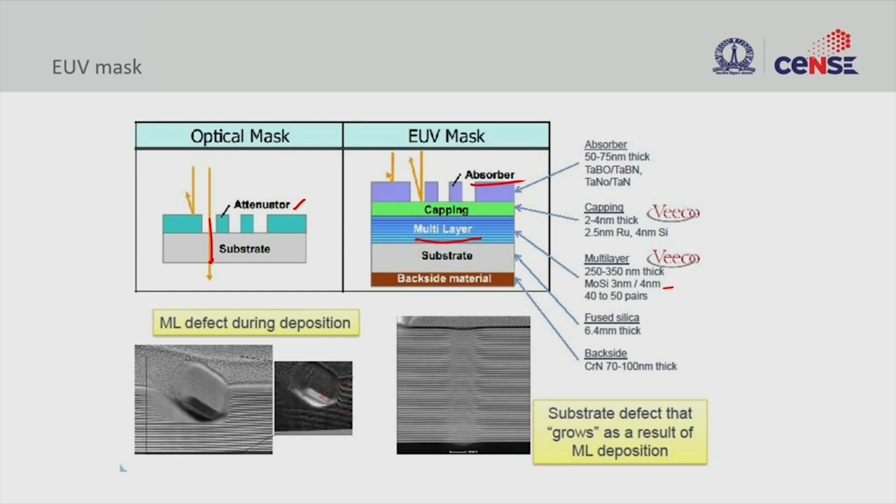Unlike an optical mask where you have only two elements, the substrate and the attenuator, here you have an absorber, a capping layer, a multi-layer stack, and then a backside material to protect against any transmission, and so on. So it is very important to make all these layers meet the specification.